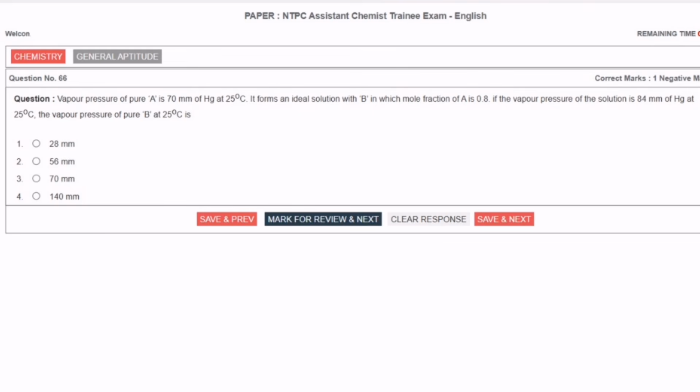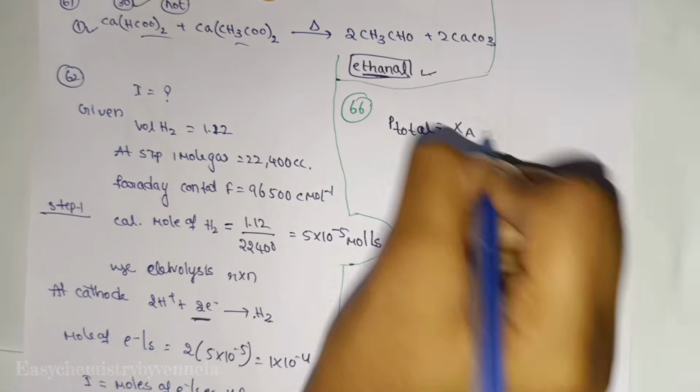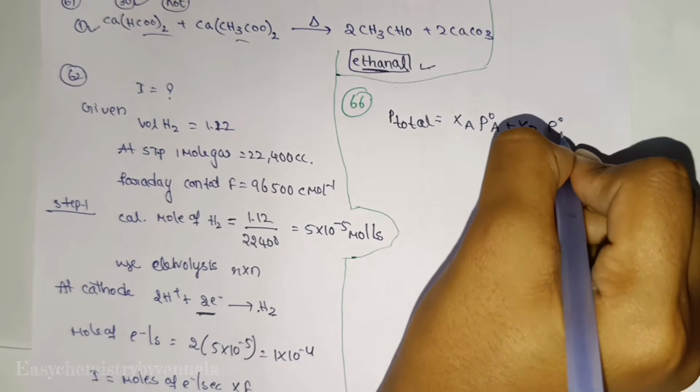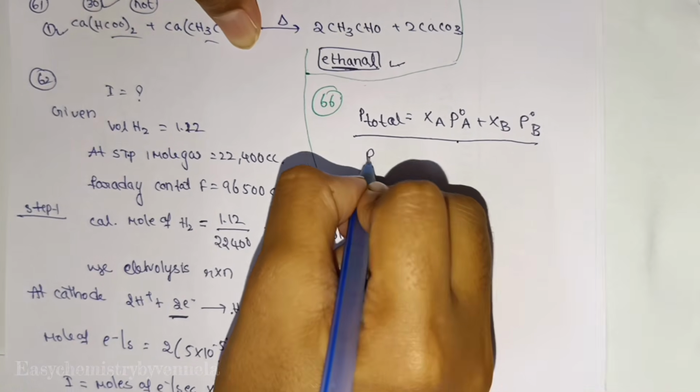Next question. Vapor pressure of pure A is 70 mm of Hg at 25 degrees centigrade. It forms an ideal solution with B, in which the mole fraction of A is 0.8. If the vapor pressure of the solution is 84 mm of Hg at 25 degrees centigrade, what is the vapor pressure of pure B at 25 degrees centigrade? Here the formula is P total is equal to mole fraction of A times P of A plus mole fraction of B times P of B. This question is from solutions, Raoult's law.